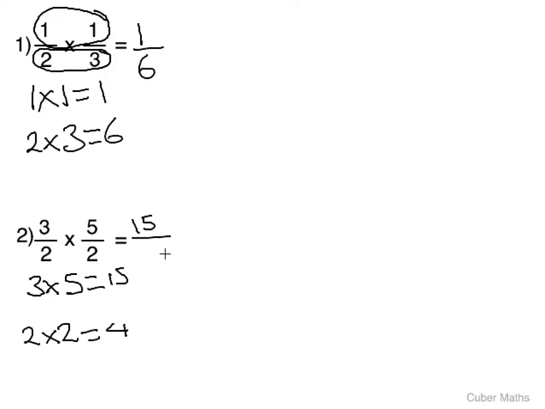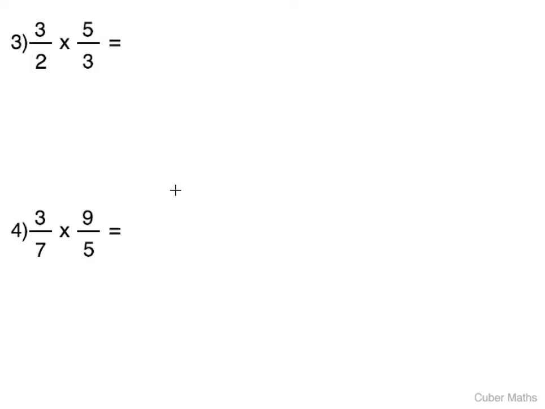So we're going to write that underneath our 15 as the denominator, 4. So 3 divided by 2 times by 5 divided by 2 gives us 15 over 4.